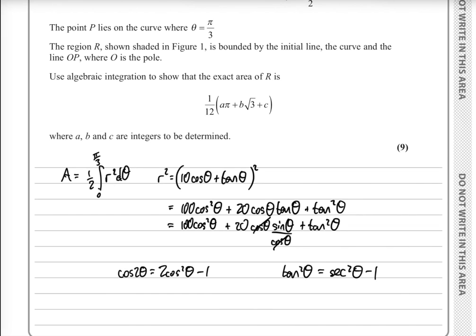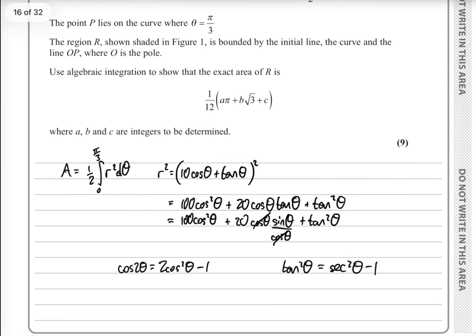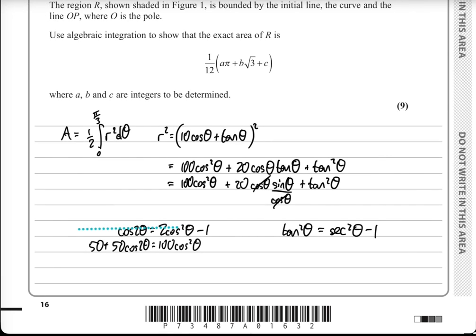And that's much better because we can integrate secant squared directly to give us a tan theta. Over here, let's increase this 50-fold.